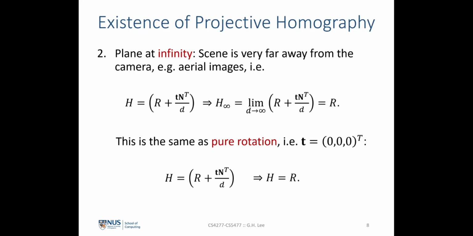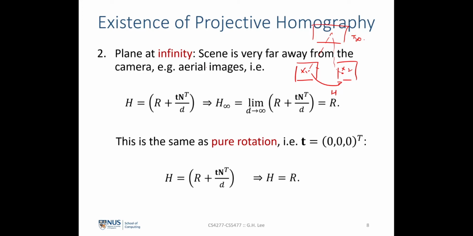And the second case where a homography exists that relates a set of points between two images, x1 and x2, is when there is a plane at infinity. This means that the actual 3D point that causes these two points x1 and x2 in the two camera frames lies at infinity, on the plane at infinity.